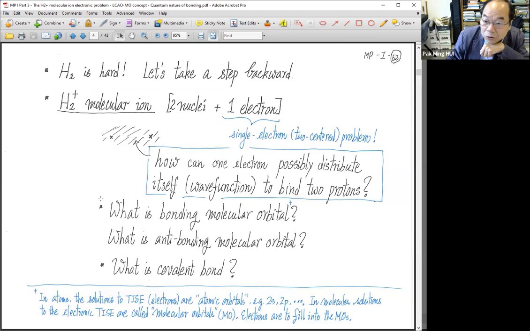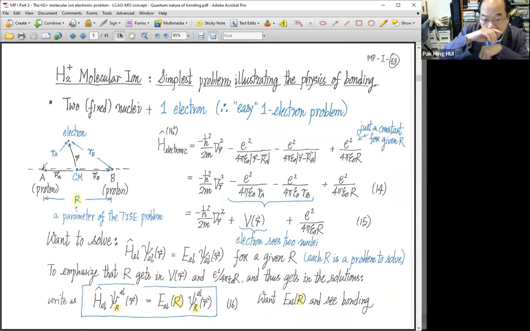We would like to use this simple example to understand what molecular orbitals are, what a bonding state is, what an anti-bonding state is. Maybe you have heard about it in 1070 chemistry. What is a covalent bond? This happens to be a covalent bond. So what is the quantum mechanical problem?